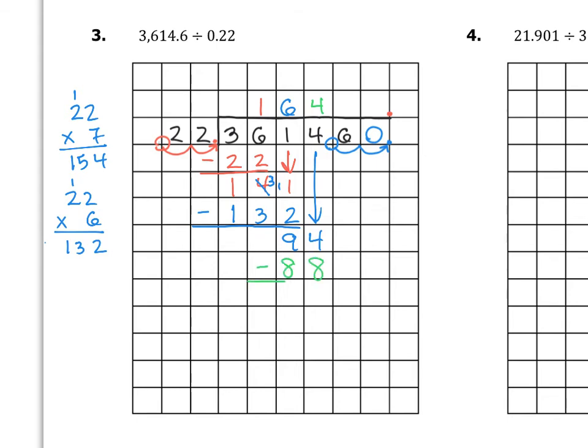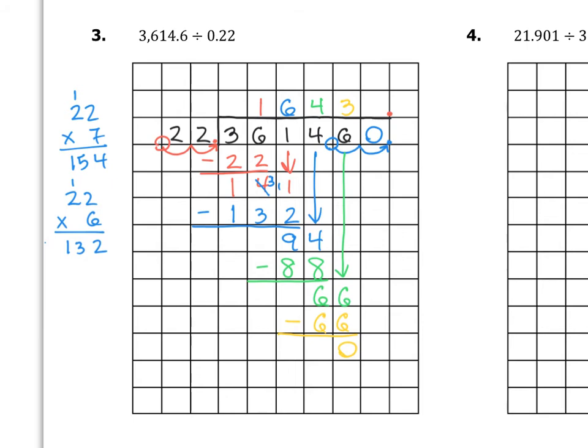And so now I subtract, and I get a 6. I'll bring down this 6, and now take 22 into 66. 22 will go into 66 3 whole times. 3 times 22 is exactly 66, and so now I subtract and I get a 0. Now, because we have not gotten to our decimal point yet, I still have this one space here. I need to keep dividing and take 22 into 0.